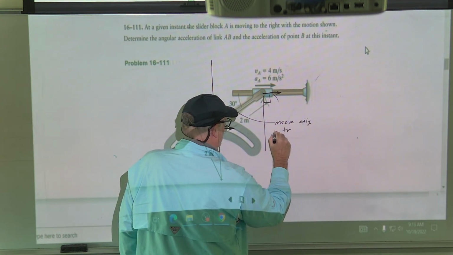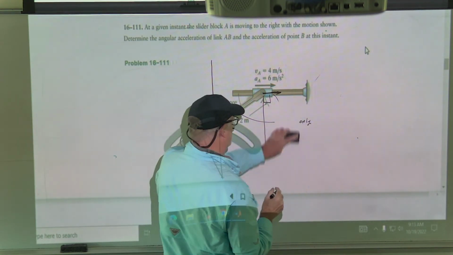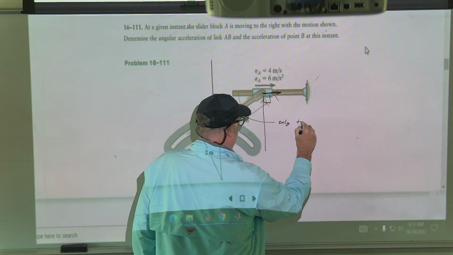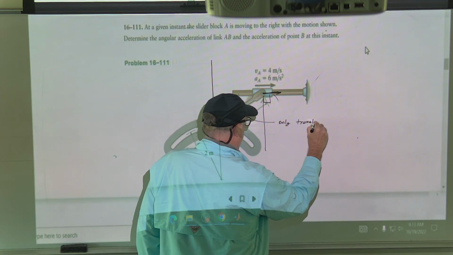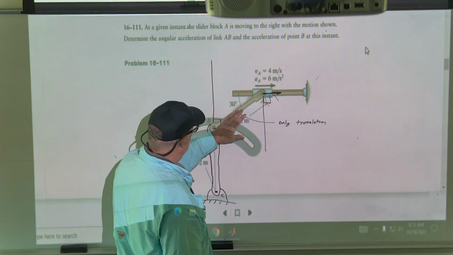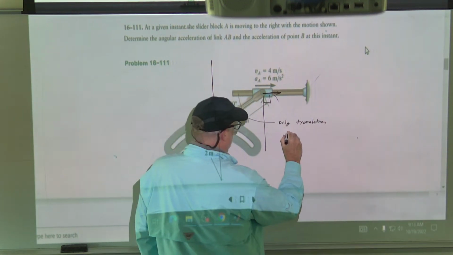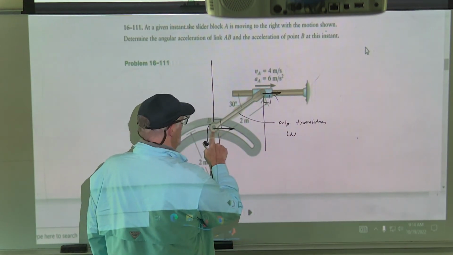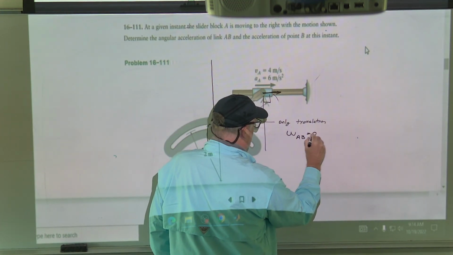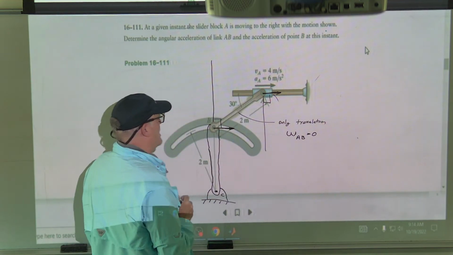Oh, how about just say only translating? Well, translation, it's okay. If it's only translating, omega AB should be equal to 0. Now that's from observation.